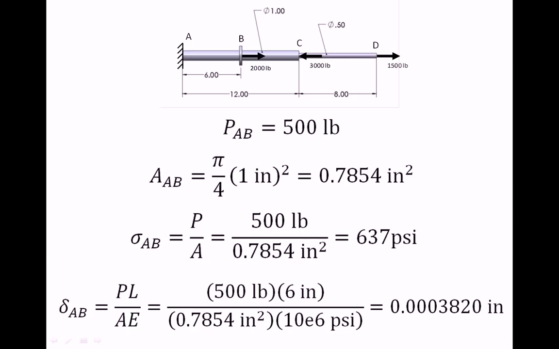You can see that the L we put in here is 6 inches. That's the length of the segment AB, because the 500-pound force only applies between A and B. So that segment of the bar is going to deflect by 3/10,000ths of an inch.